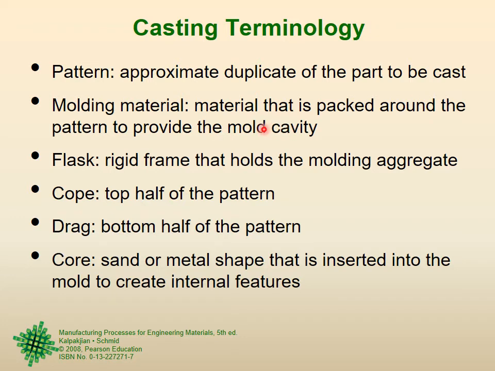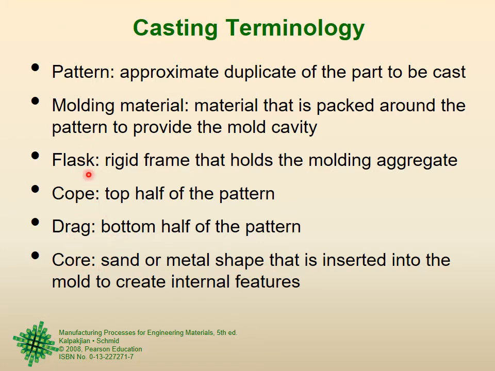Then of course the molding material, the material that is packed around the pattern to provide the mold cavity. In a sand mold, the molding material is sand, and there could be other materials. Flask, you know. Cope, you know. Drag, you know. Core, I told you, the sand or metal shape that is inserted into the mold to create internal features like holes and so on, right? So please read through these definitions.